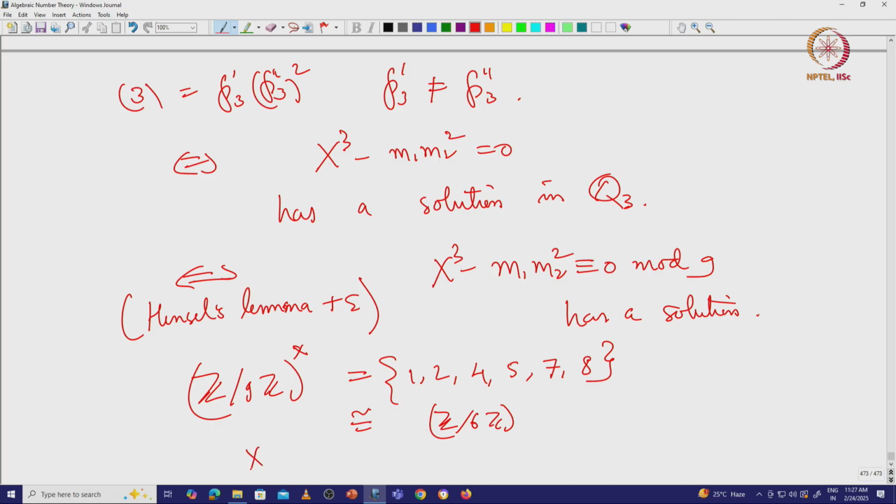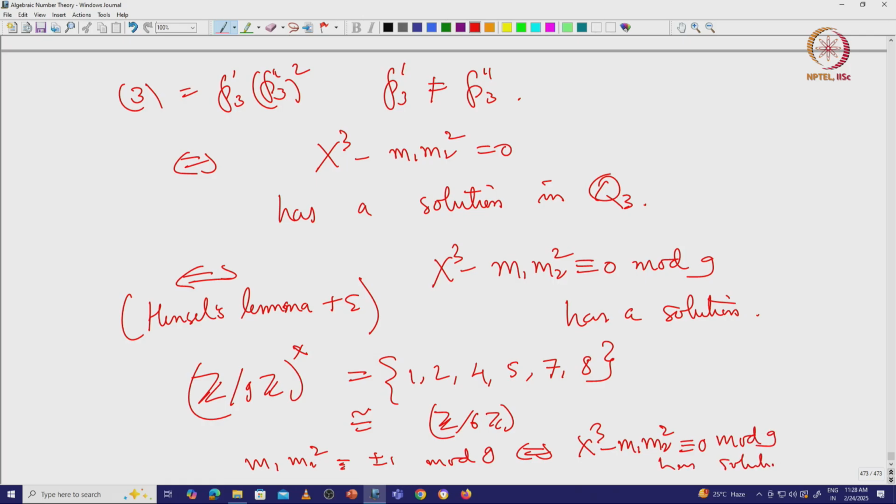So you can check, using this explicit description or even using the fact that it is Z mod 6 Z, that m1 m2 squared is congruent to plus minus 1 mod 9 if and only if x cubed minus m1 m2 squared congruent to 0 mod 9 has a solution.